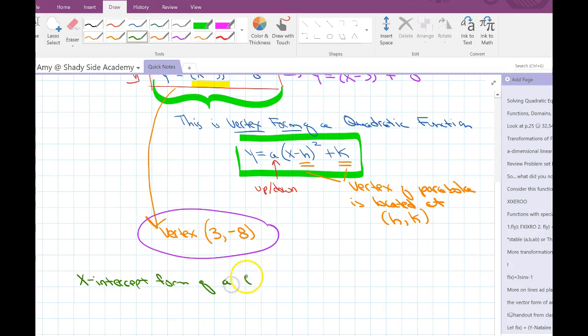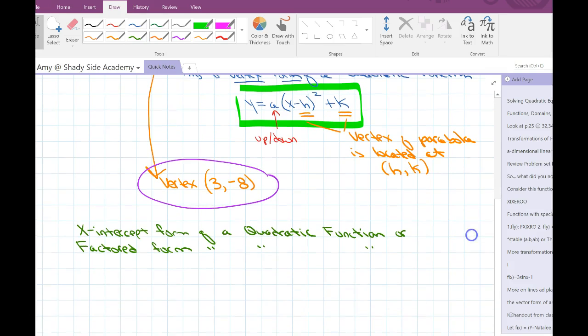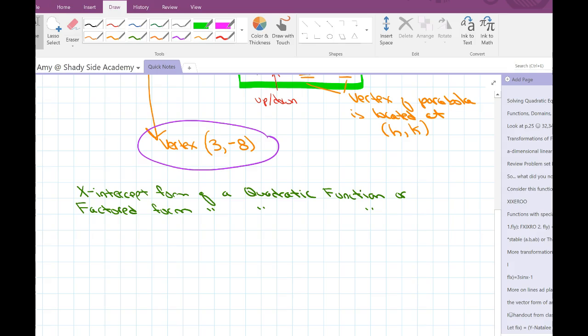I prefer to use the phrase factored form of a quadratic function. So I'm going to write them both. I've never heard it called x-intercept form. I don't like it. I think it sounds kind of dumb and dopey. It definitely does not sound cool or smooth. It just sounds so clumsy, I think.